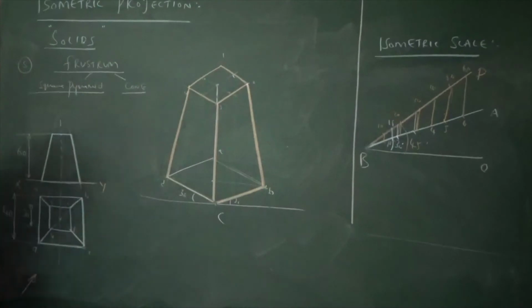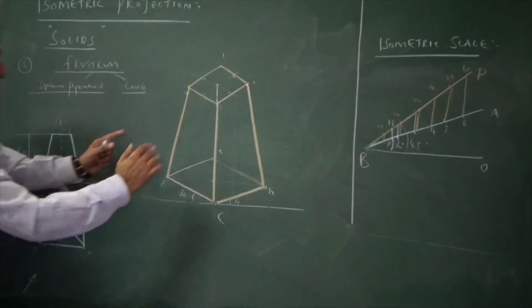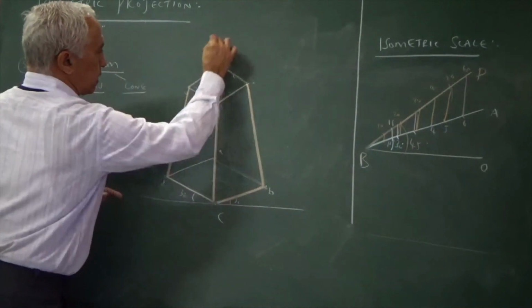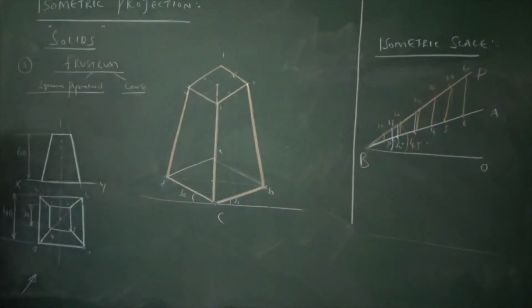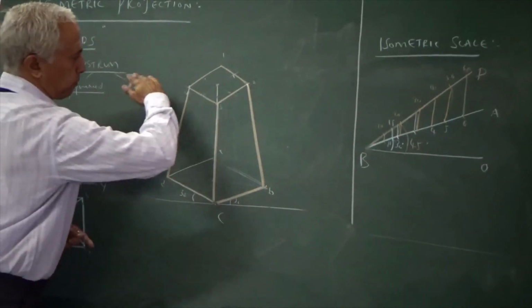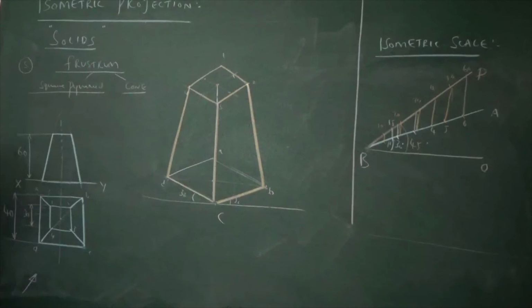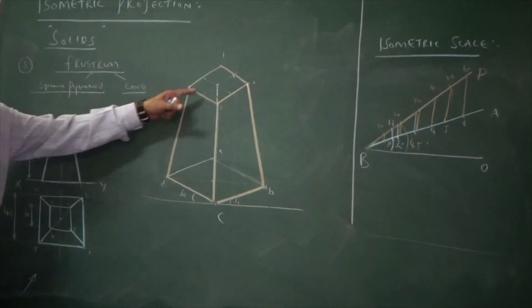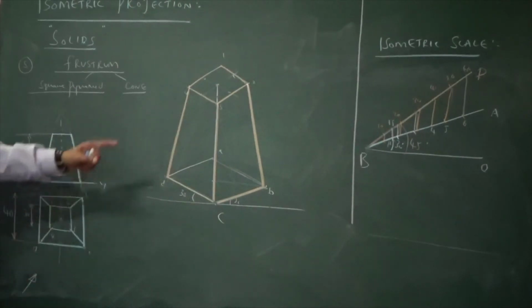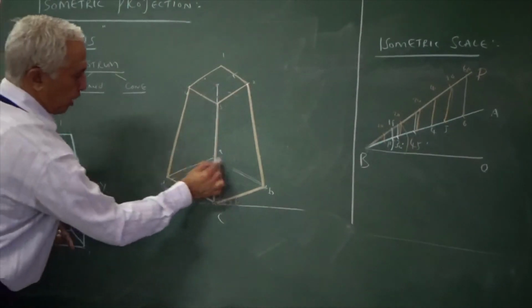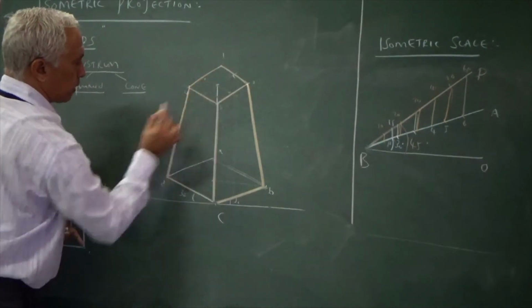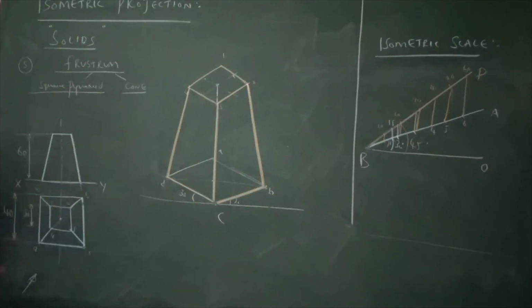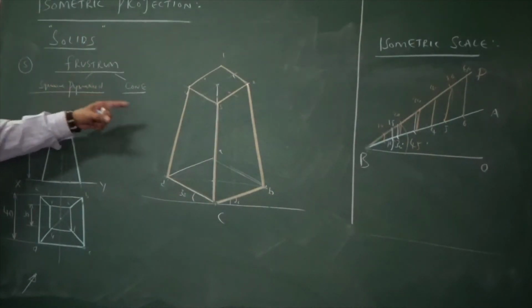So if you see the frustum, and if I complete by extending these lines, I get a square pyramid. A frustum is the portion of the solid cut by a section plane parallel to the base. The retained portion is known as the frustum of a square pyramid. So these 2 lines are not visible.